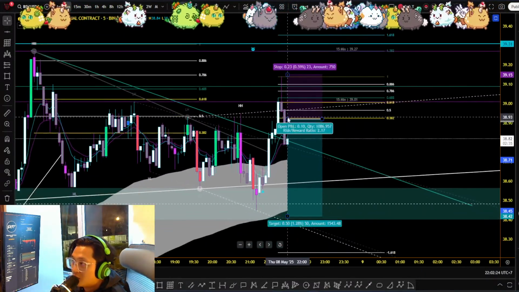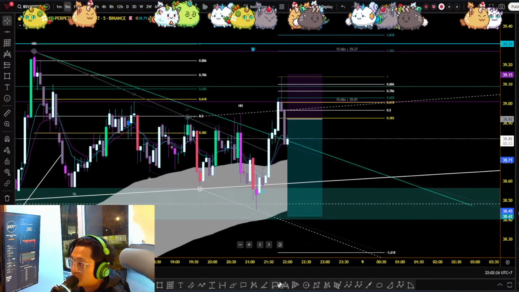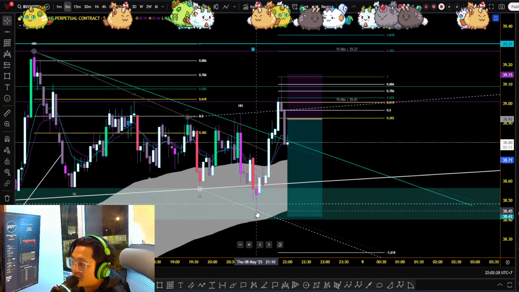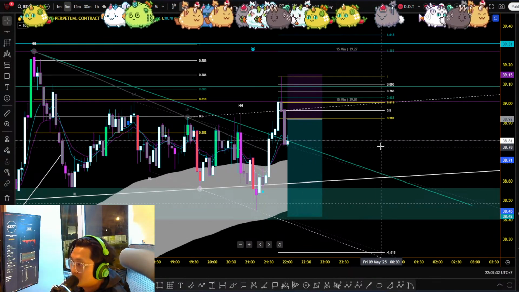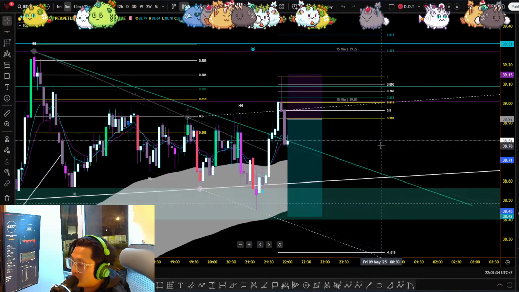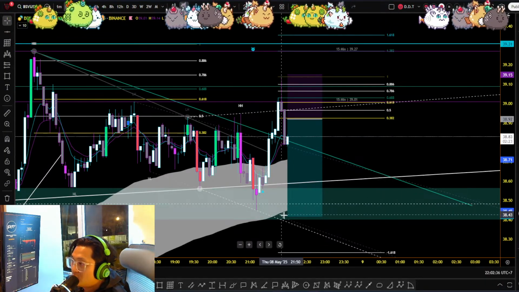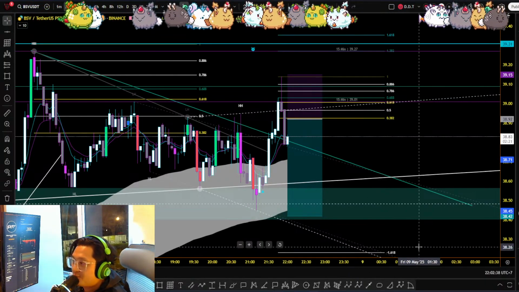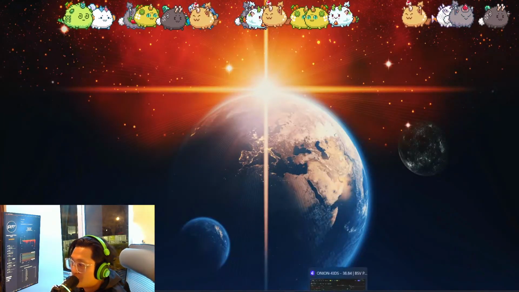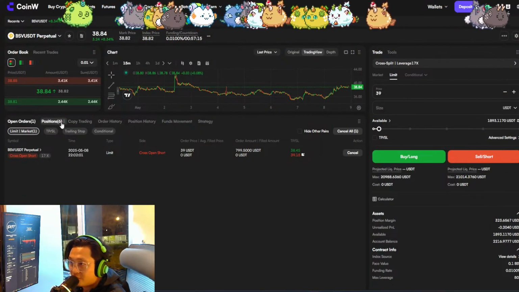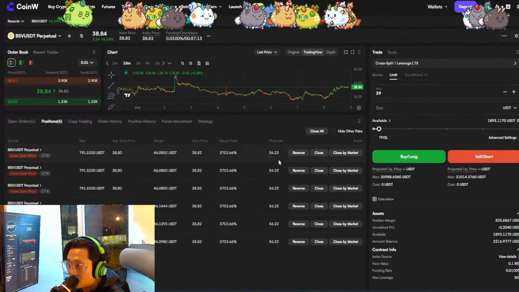We're gonna target this lower low, and I think we're going down. So for all of it right now, our target is going to be 38.45, but I'm just gonna put a little bit higher, 38.45 for all of it. So I'm just gonna leave it.